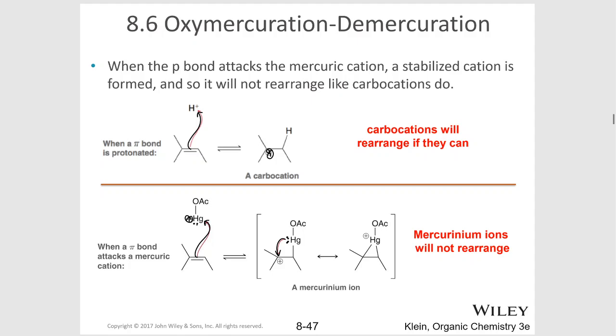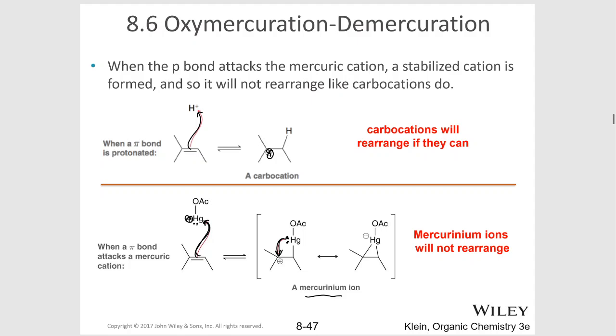This is a concerted mechanism whereby the alkene acts as a nucleophile attacking the mercury, and as the positive charge builds up on the more substituted side, the lone pair from the mercury then attacks that positive charge in a second nucleophilic attack, forming this bridged mercurinium ion, which is a three-membered ring.